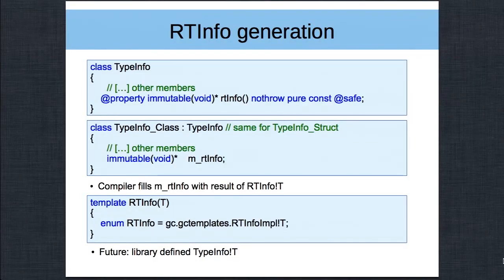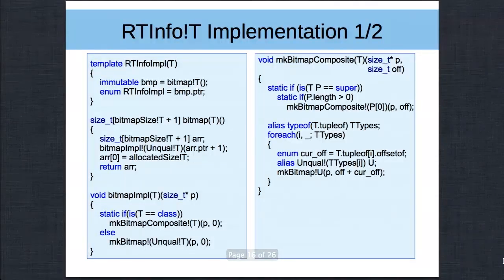So we just forward the template invocation to our GC templates, and then we set up the bitmap here.